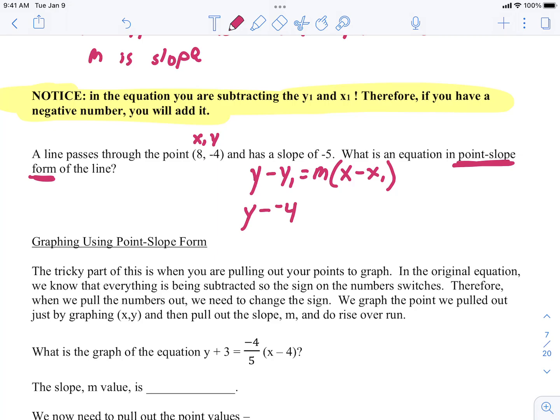We know two negatives make a positive, so I'm going to change that to a positive right away. Equals my m, which is my slope, which the problem says is negative 5. My regular x, I am leaving as regular x, minus my x1, which is 8. That is my answer. I just wrote that information in point-slope form.